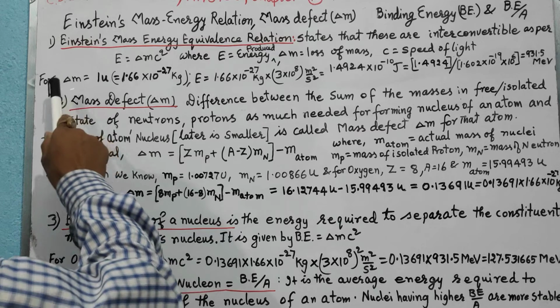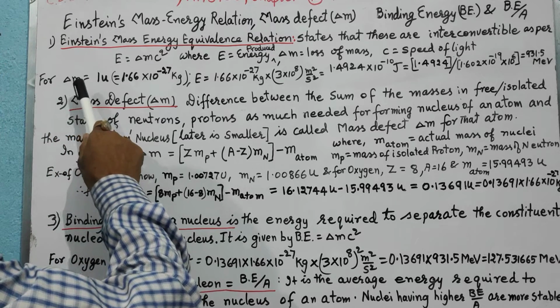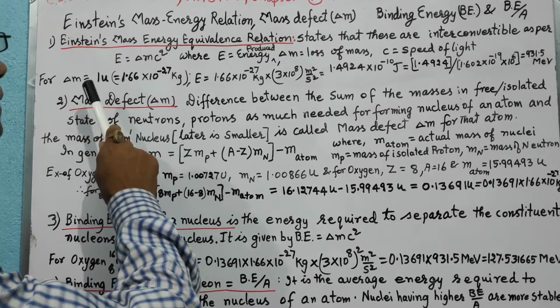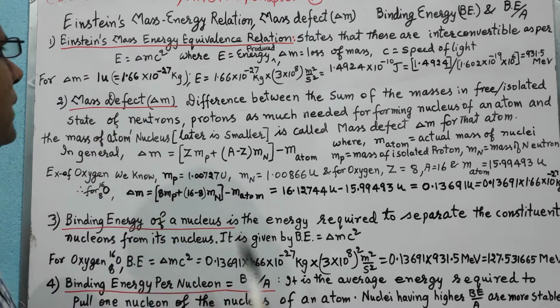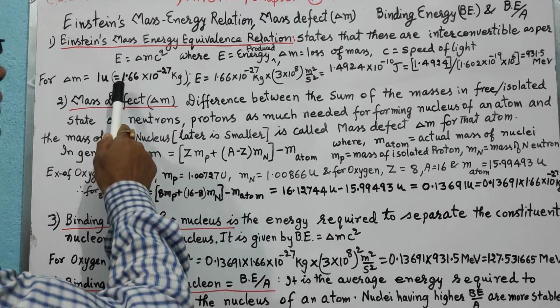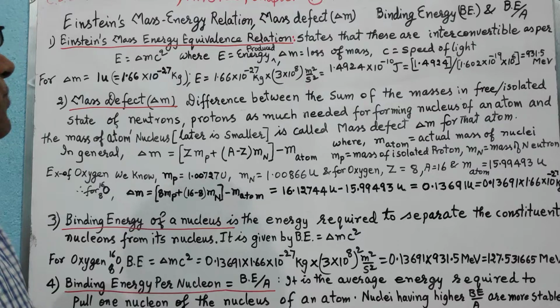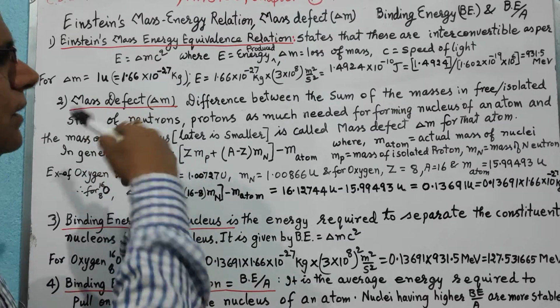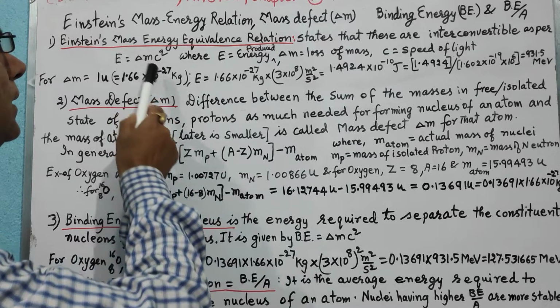And so if we find the value for a mass of one atomic mass unit, that is equal to 1.66 into 10 power minus 27 kg, when this much mass is converted into energy, we use this relation to find it.